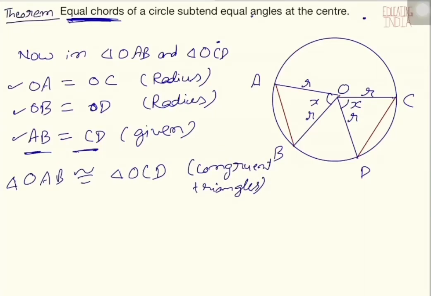In congruent triangles, the angles in front of the equal sides are also the same. AB and CD are the same, so the angles in front of these chords, this x and x, are also the same. According to the property of congruent triangles, angle AOB is equal to angle COD. So we have proved that equal chords AB and CD subtend equal angles at the center.